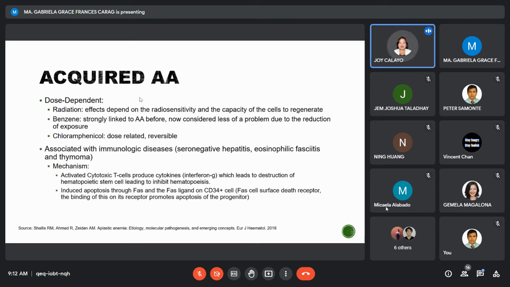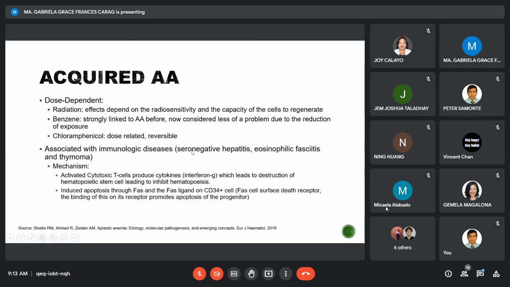And then the other one is an increase in apoptotic activity. Can you elucidate these three immunologic diseases? Why is it that they have increased cytokine activity, and then you have the ligand FAS that are present on the CD34 positive cell?